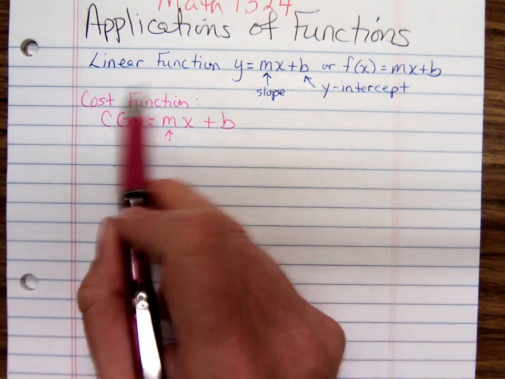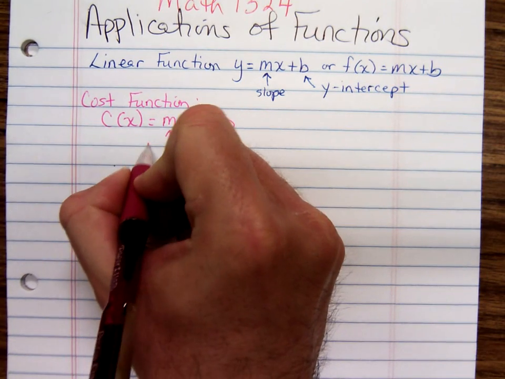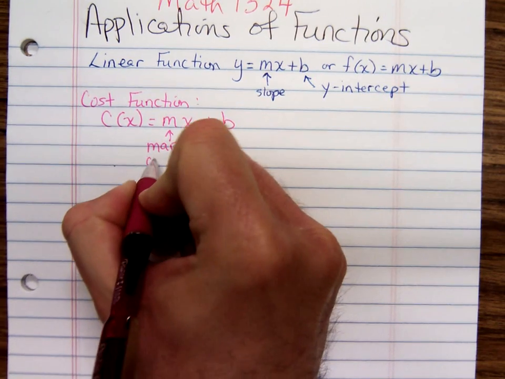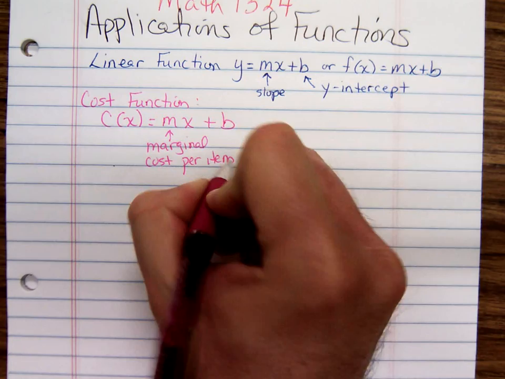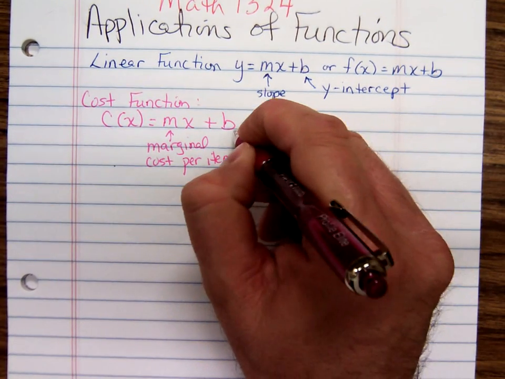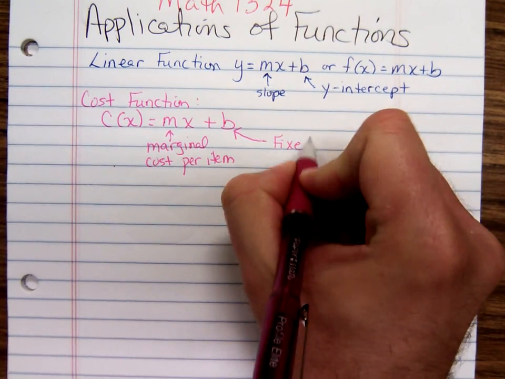That's what we would say if we were just talking about lines. But for a cost function, m is called the marginal cost per item. In terms of lines, b is the y-intercept. In terms of a cost function, it's the fixed costs.